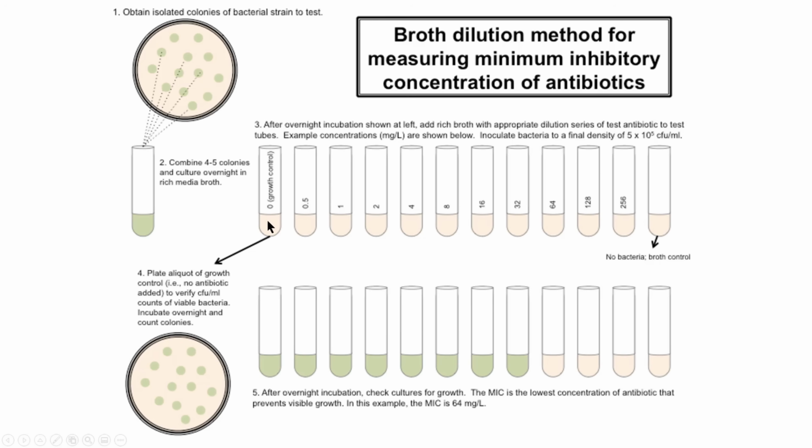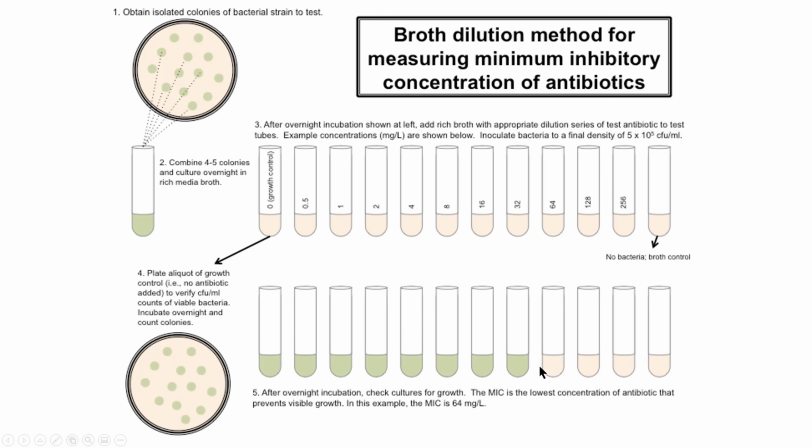So essentially one of them will not have any antibiotics, so the concentration would be 0, and then we double the concentration in each test tube, and then we inoculate these test tubes with the organism that we are trying to test, and we let it grow. And then after the incubation period is over, we can see that the growth becomes visible. So you can see that it has become cloudy, or the color may have changed. And then you can see at what concentration nothing grew.